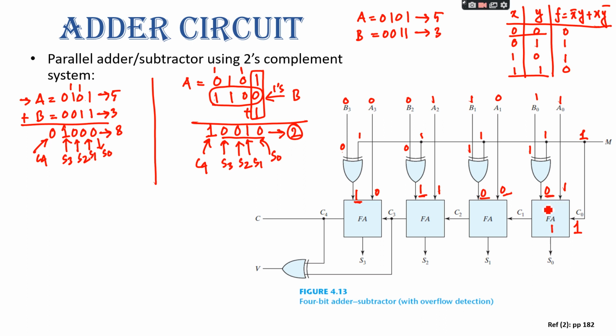So let's see what happens. 0 plus 1 gives you sum 0, carry 1, right? Yes, sir. Then 0 plus 1 gives you sum 1 and carry 0. 1 plus 0 gives you sum 0 and carry 1. 1 plus 1 again gives you sum 0 and carry 1.